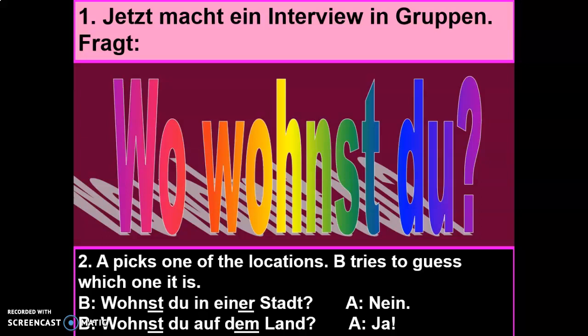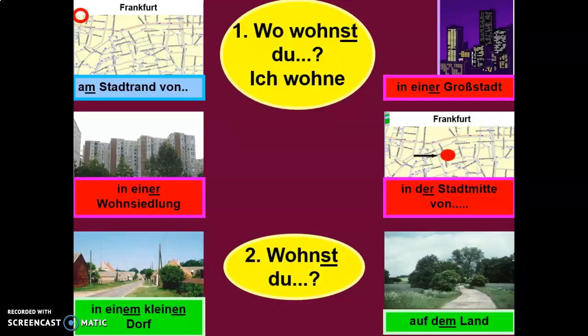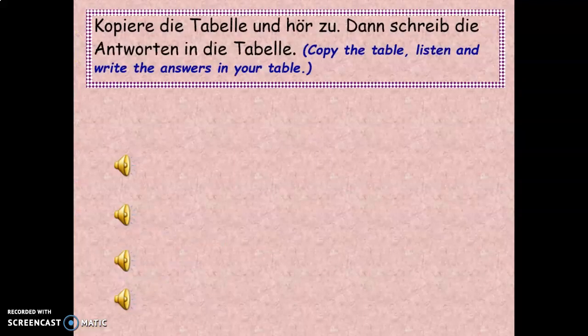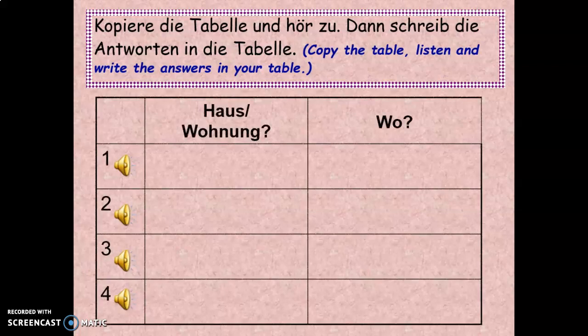Okay, ignore this for now. So what I want you to do now is copy the table below. I'm going to do a listening exercise using the audio from here. So pause the video now and just copy down the table there.